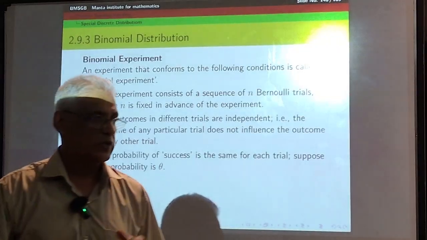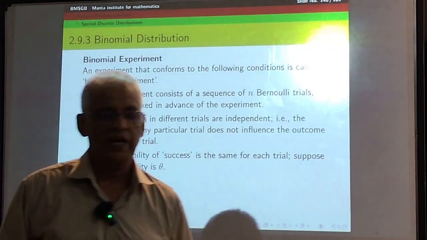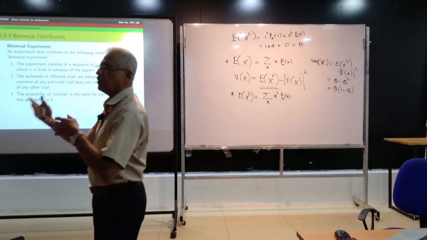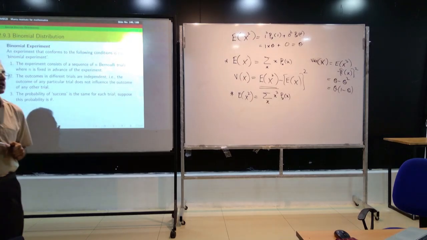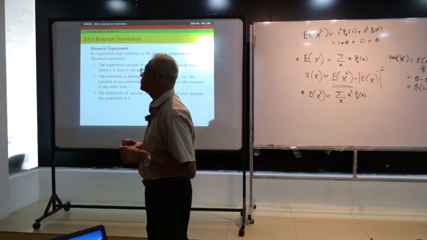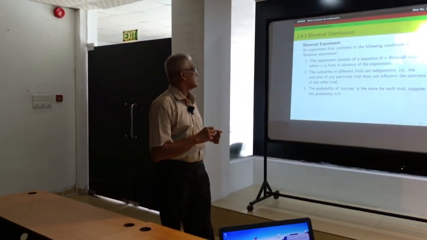In general, suppose we are doing this Bernoulli experiment n times, where n is known. Each time we get a success or a failure. There are some other assumptions, called binomial conditions, for us to be able to talk about this binomial distribution.